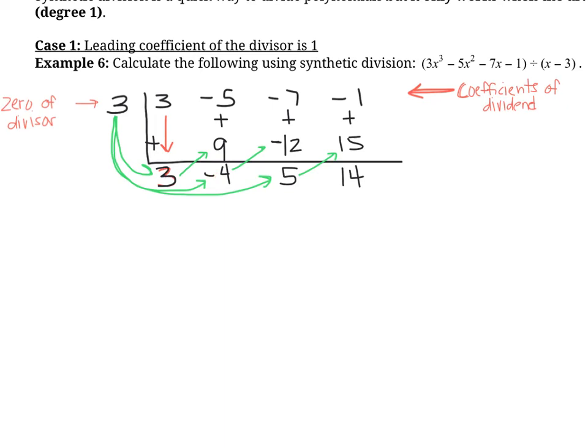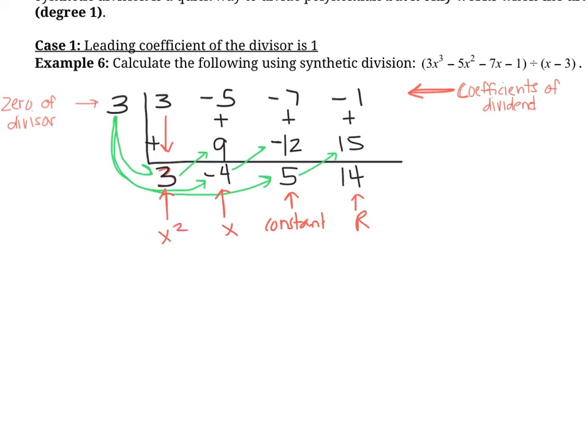So how to figure it out is work backwards from this last number here. The last number is always going to be our remainder. So this is our remainder R. The next one is going to be our constant value. The one beside that is going to be our degree 1 term, and the one beside that is going to be our degree 2 term, and so on and so on.